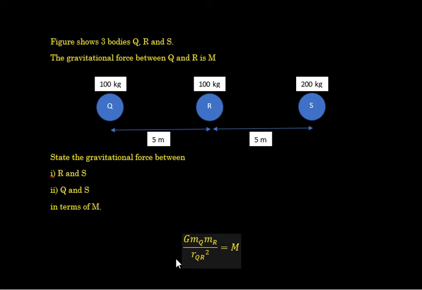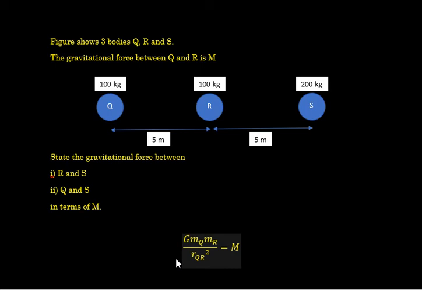Now this question wants us to state the gravitational force between R and S, and Q and S, in terms of M. They do not want a number, but they want it in terms of a variable. So the approach will be simple.